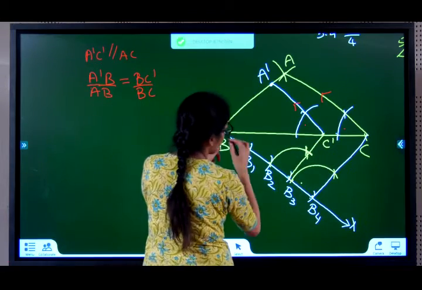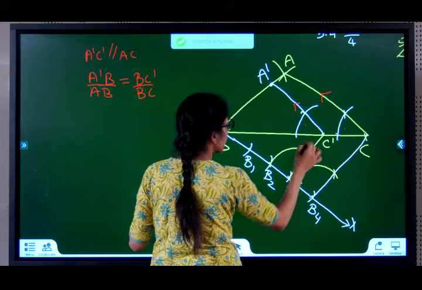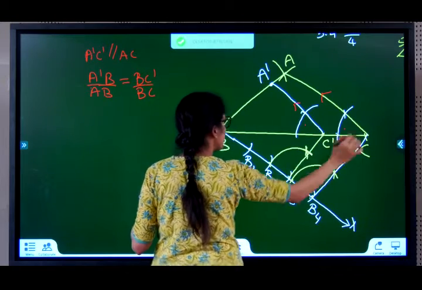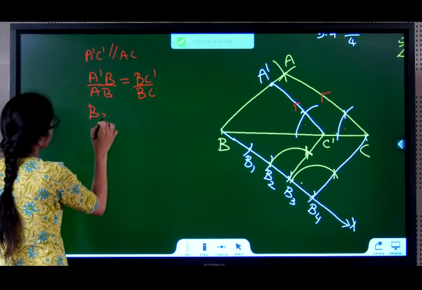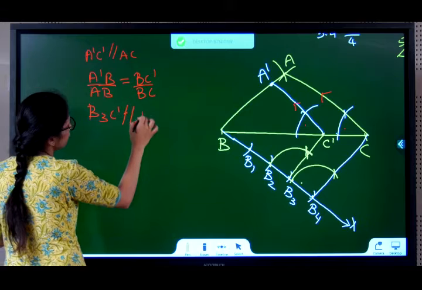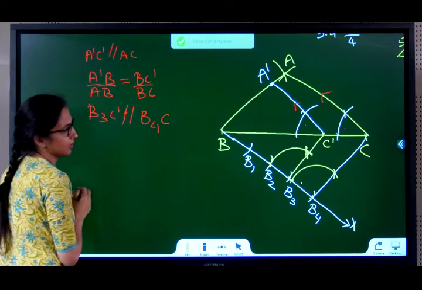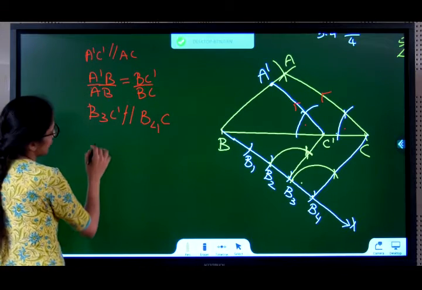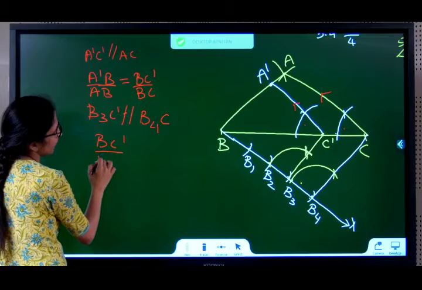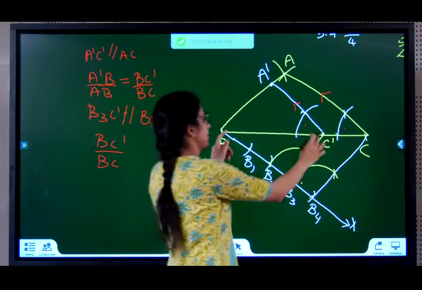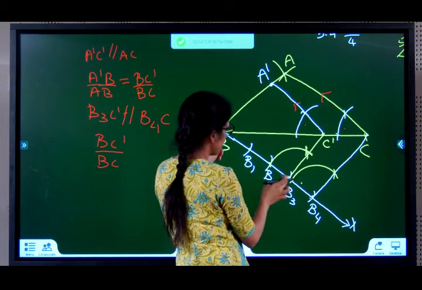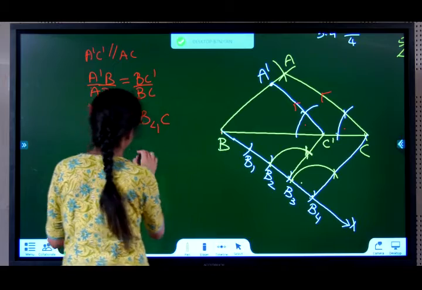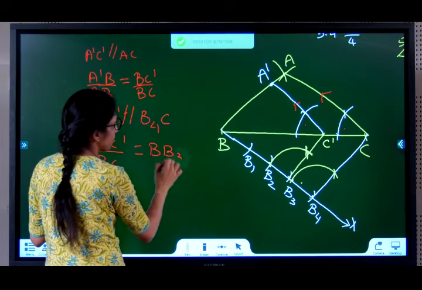Now, in this triangle here, B3C dash is parallel to B4C. Yes. Can I say BC dash by BC is equal to BB3 by BB4? How?